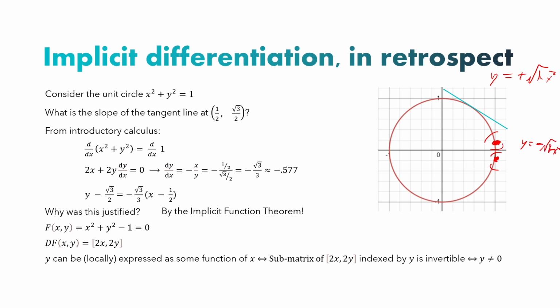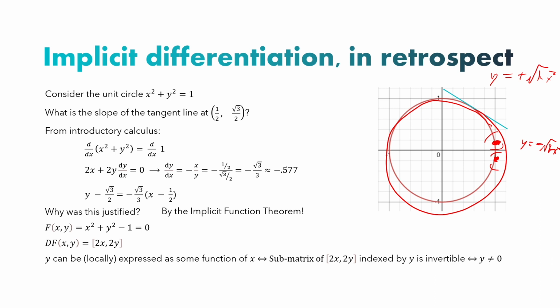And so the function is going to be different depending on the point that you take. And that is a point that we need to consider more generally, but this simple example already illustrates why we need to make that local consideration, because there's no single function that will express y in terms of x on this entire unit circle.